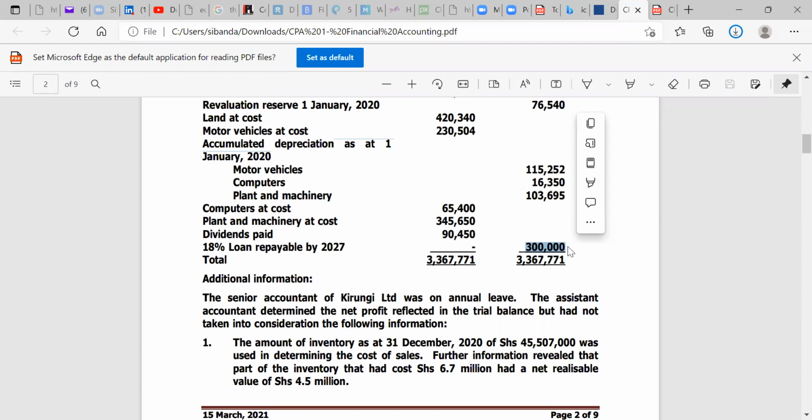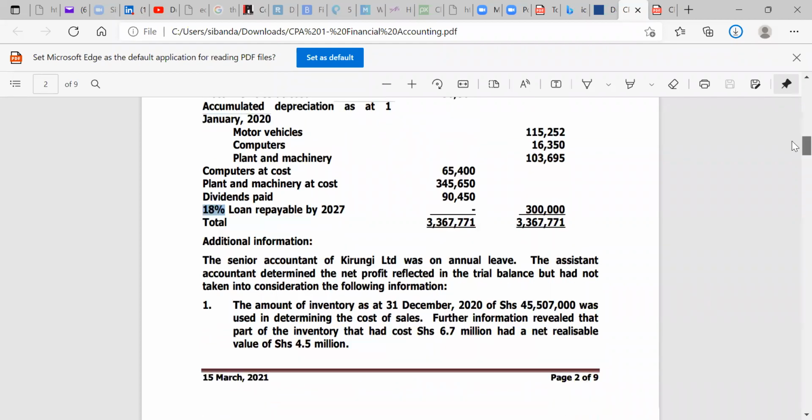So this is supposed to be recorded under your non-current liabilities. But as we can see, this loan comes with a percentage at the start, 18% loan. This 18% means that the 18% is the interest on the loan. So ideally, if this loan was gotten within this year, okay? And we have not yet done interest. We will calculate interest along the way.